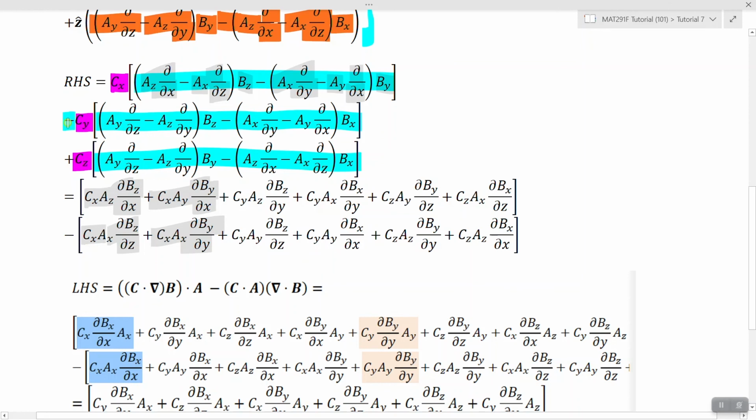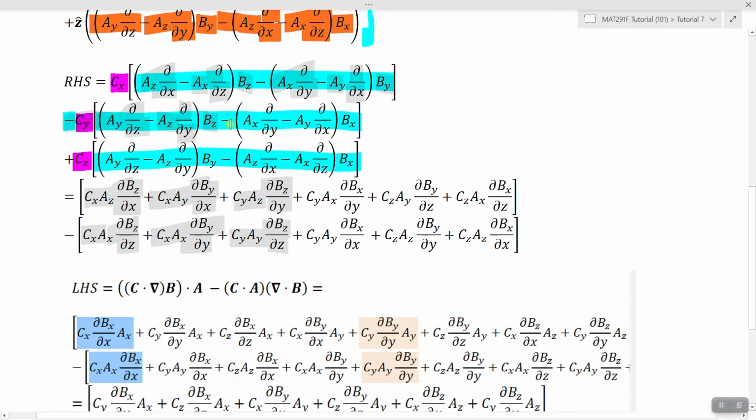And then same thing here, so minus this whole product. So we get cy, ay, partial z, bz. Next one goes with a plus because of these two negatives: cy, az, and then this partial y, bz.